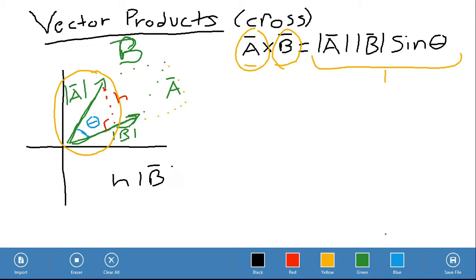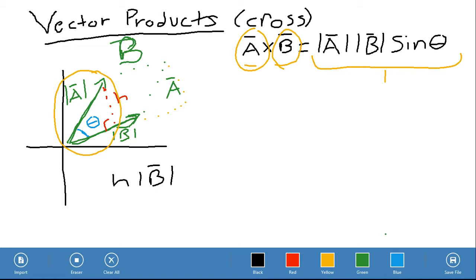Now I want you to take a look at this sine theta term. If you remember your SOHCAHTOA from middle school, the sine is going to be the side opposite over the hypotenuse.